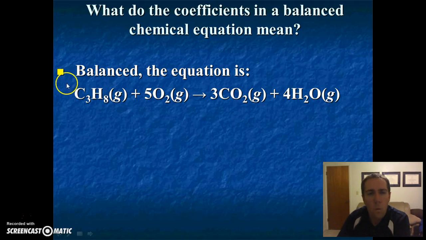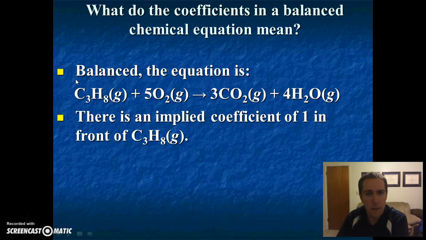We saw that the coefficients here, and you're familiar with coefficients with balanced equations, actually refer to molecules, because these coefficients were the number of each type of molecule that were in the pictures. Remember that if there's no coefficient here, it's an implied 1.